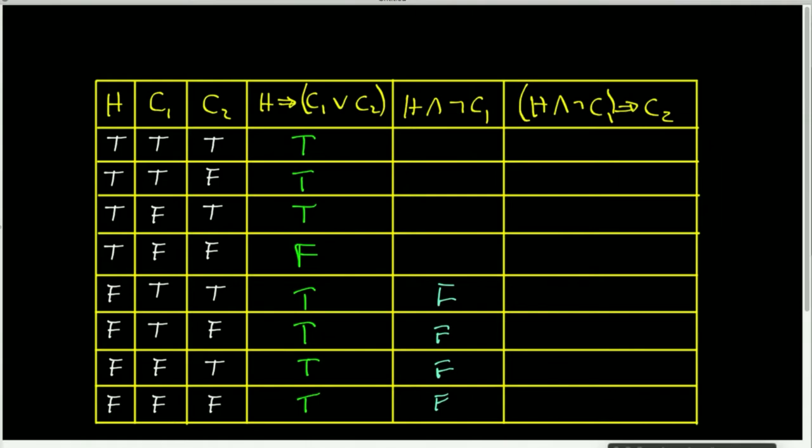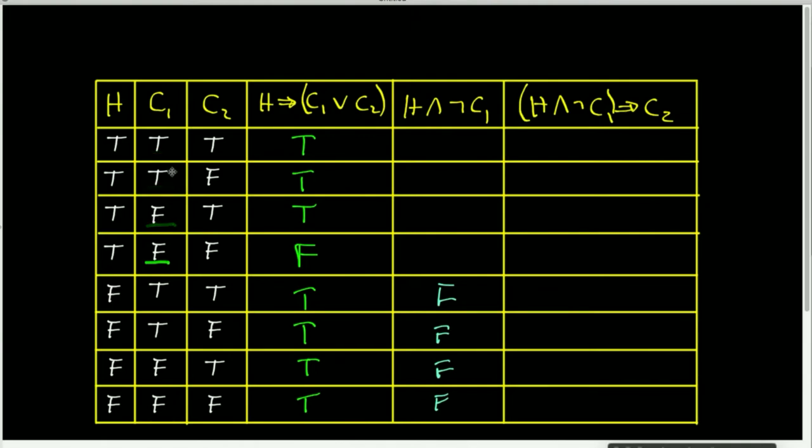Now what I have to do is come back and look at the value on these 4 rows. Well, we have a conjunction, and I know that H is true, so the value of this conjunction depends upon the value of the negation of C1. So I'm going to be looking at the value of C1, and then I have to look at the negation of the value of C1.